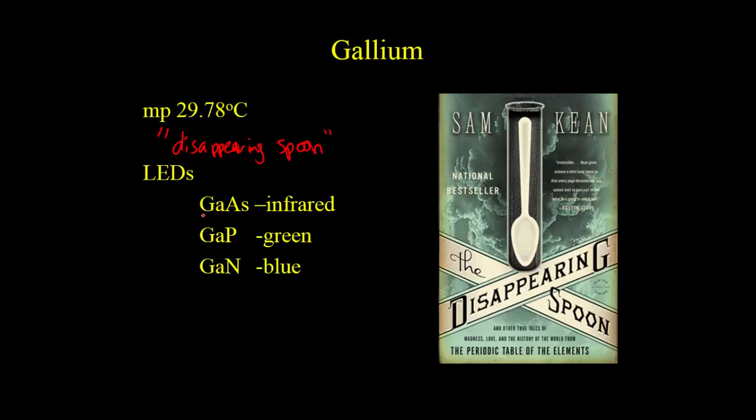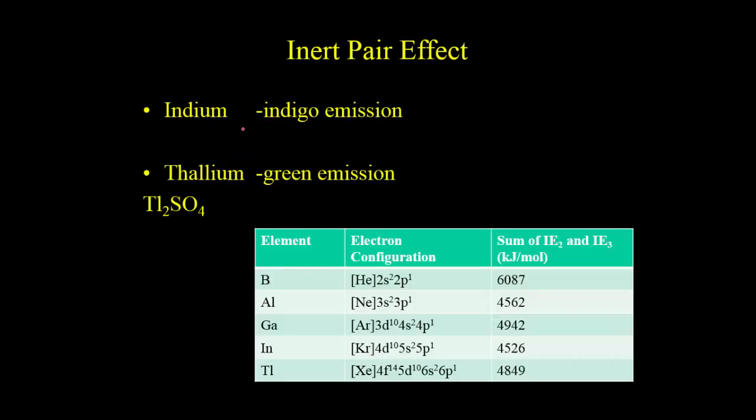Today gallium is useful in semiconductors, such as devices like light-emitting diodes, where depending on what it's compounded with changes the band gap and therefore changes the color. As we keep going down the group, we get to indium, which is named after the color of its atomic emission. In the spectrometer, it gives an indigo color.